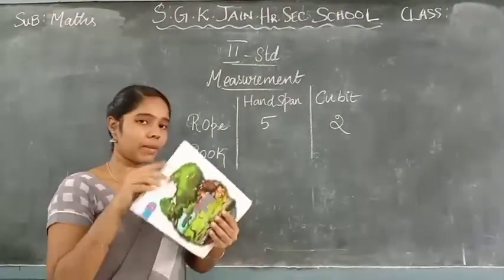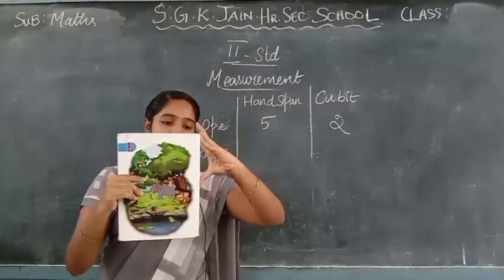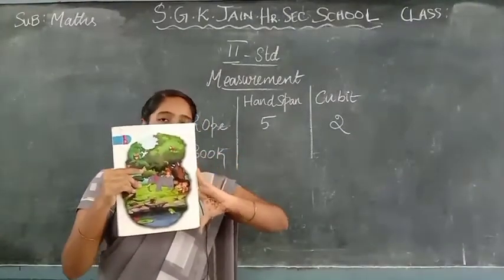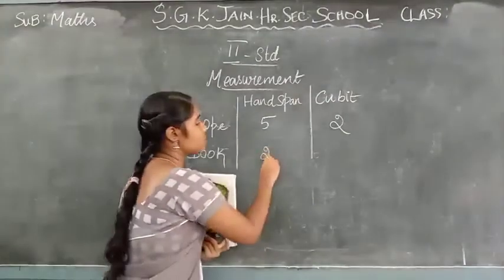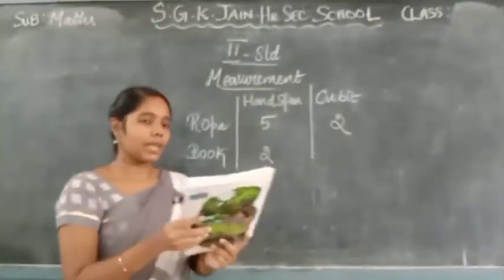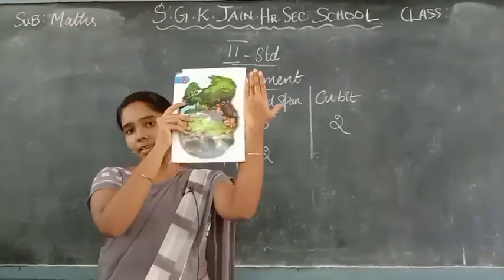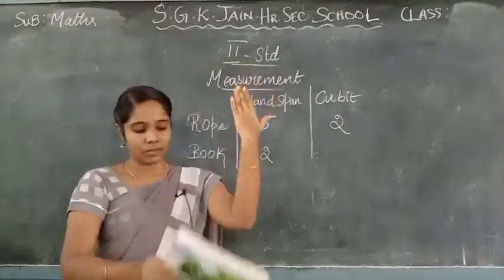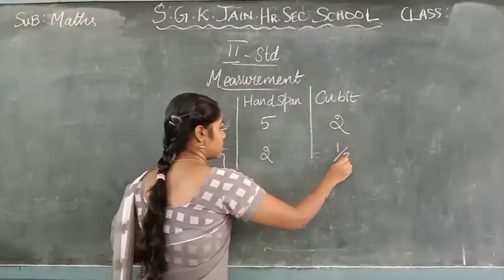I have a book here. Let us measure it using hand span: 1 hand span, 2 hand span. So the book is 2 hand span. When I measure it using cubit, what is the value? It is nearly half a cubit, right? Half cubit.